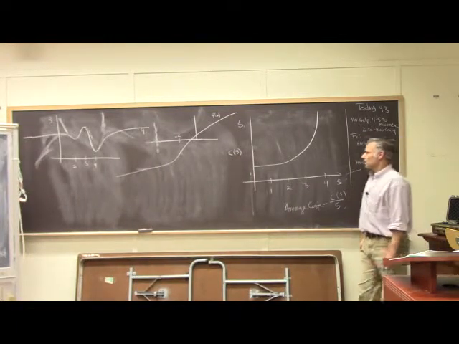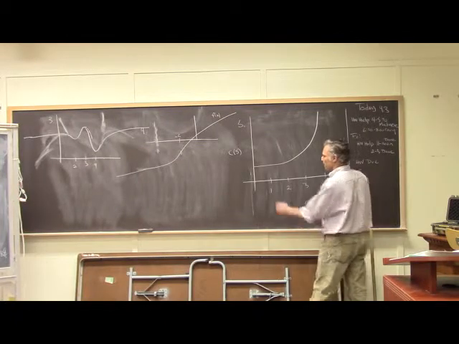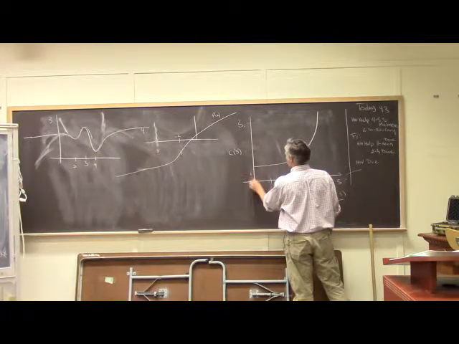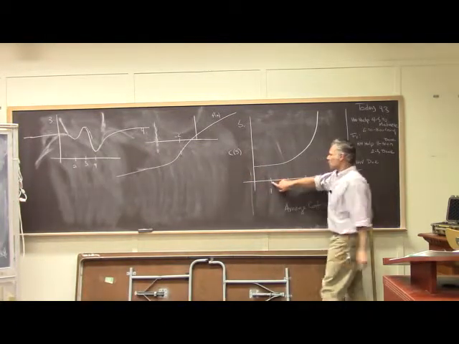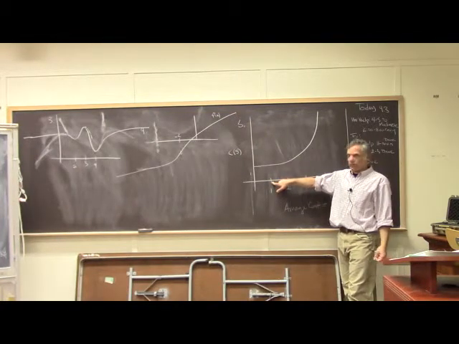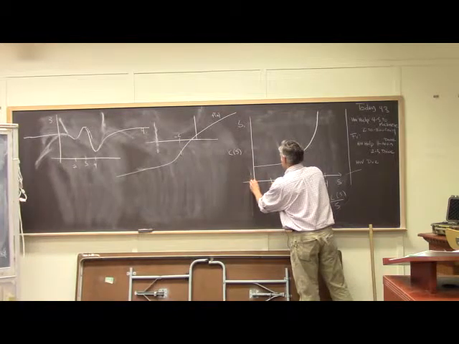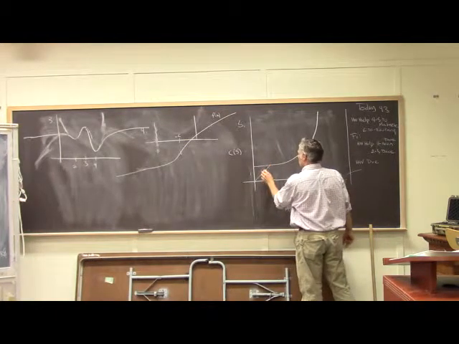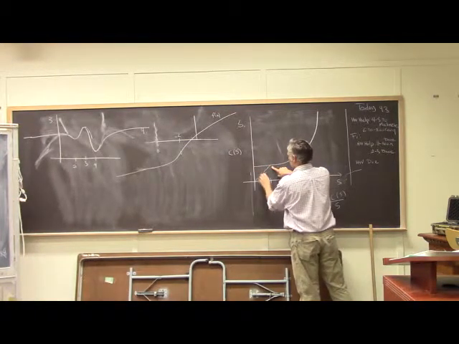And let's see. I'm probably going to make a mess of this figure pretty quickly. But if we wanted to know what's the average cost per student if we have 100 students at this mythical small college, that would be the slope.